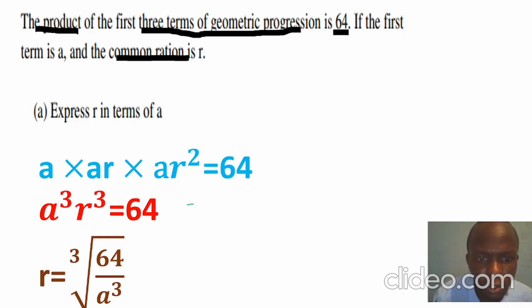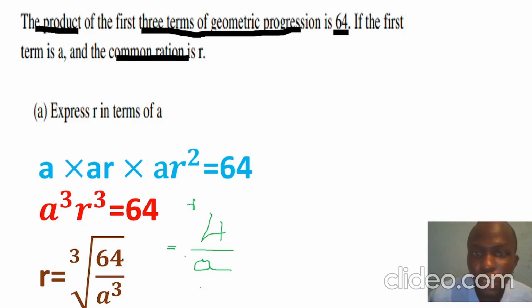Maybe it was a mistake. It should be 4 over A. So I'm sorry for that omission. This is the answer, because the cube root of 64 is 4, and the cube root of A cubed is A.